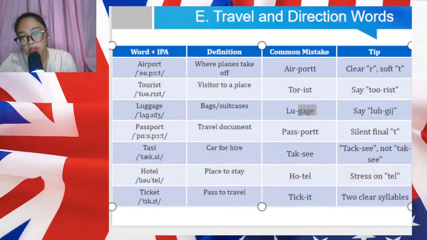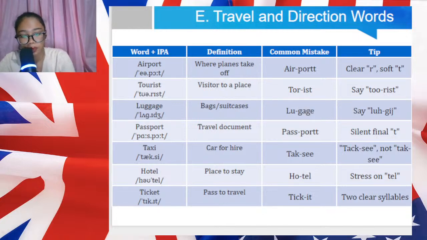It isn't the proper way to say it. One way to confirm is to think about a related word like baggage, which also ends with the j sound, and the stress is firmly on the first syllable: baggage, luggage. So that's how you pronounce this word properly.